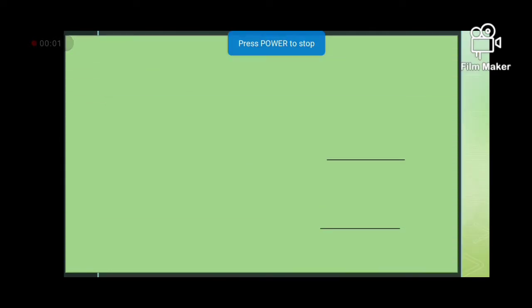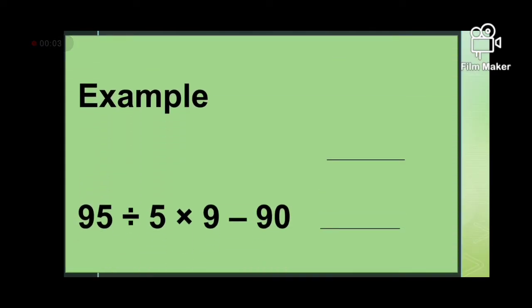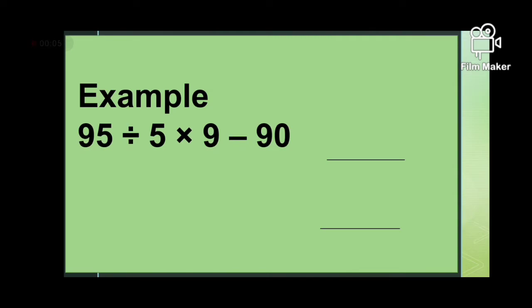Now in the next example, 95 divided by 5 multiplied by 9 and minus 90. According to the DMAS rule, first we will divide 95 by 5, then we will get 19. 19 5s are 95.